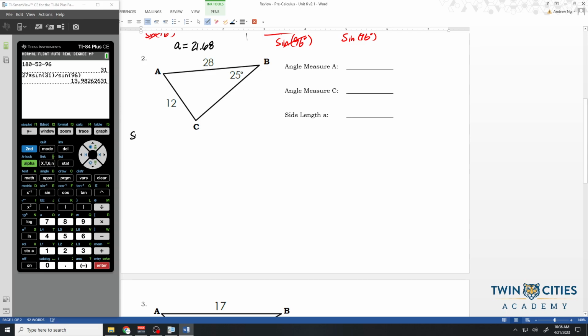That'll be the sine of 25 degrees over 12 is equal to the sine of C over 28. We're going to cross multiply here. This will be 12 times the sine of C is equal to 28 times the sine of 25.